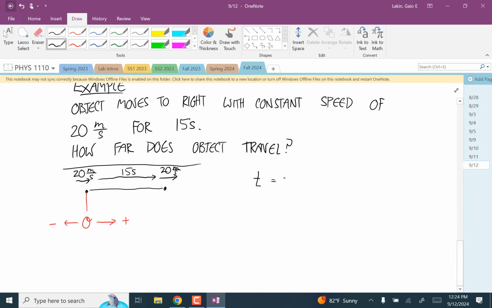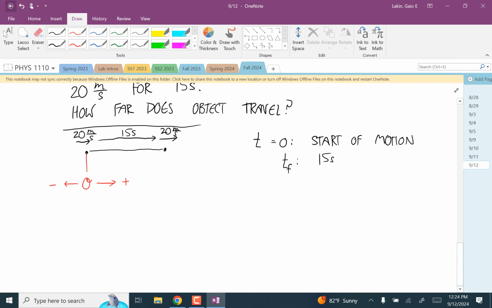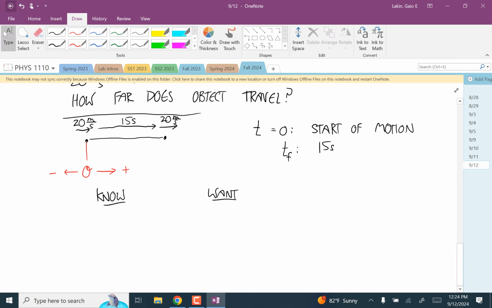The time equals 0 is going to be at the start of this motion, and the time final is just going to be 15 seconds. And so now I can figure out what variables I know and want. So time final we know is going to be 15 seconds.